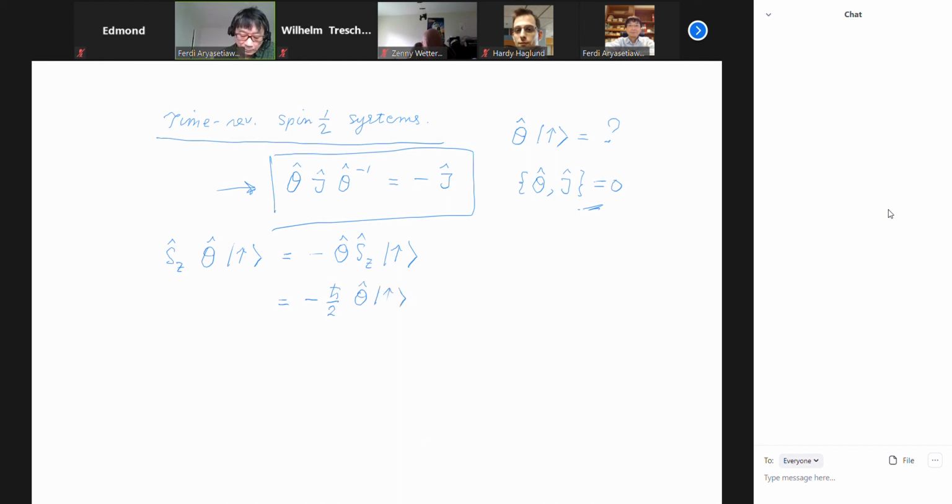So this state here is an eigenstate of Sz, but with eigenvalue minus h bar upon 2. So that implies that this state must be proportional to the spin down state, multiplied by some phase factor, and eta here is the phase factor.